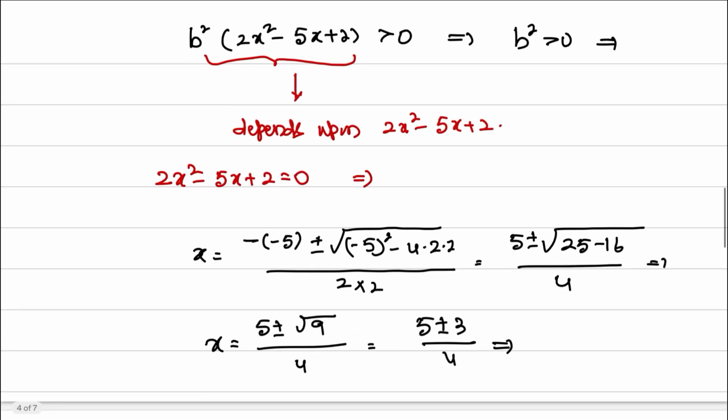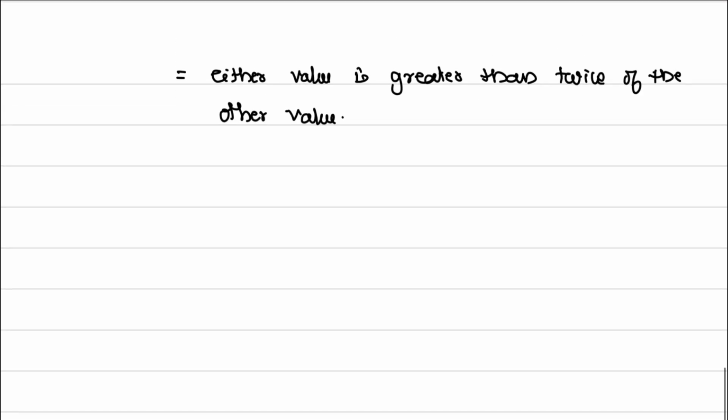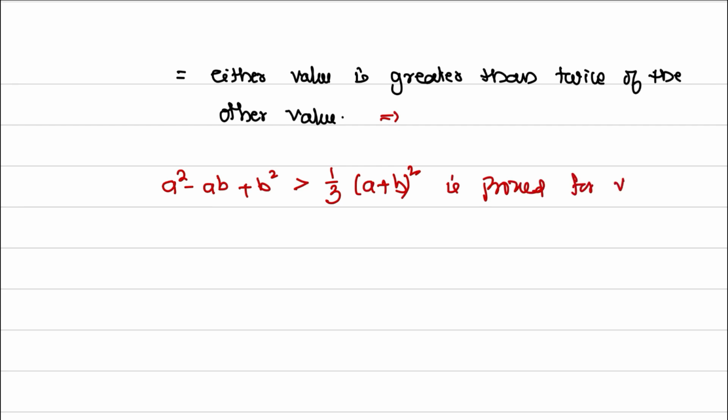That says a square minus ab plus b square is greater than 1 by 3 a plus b whole square is proved for values a greater than 2b or b greater than 2a. Both of them cannot be applicable at the same time. Either a is greater than 2b or b is greater than 2a.